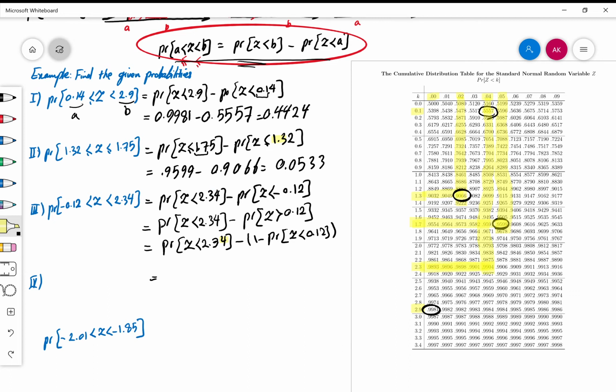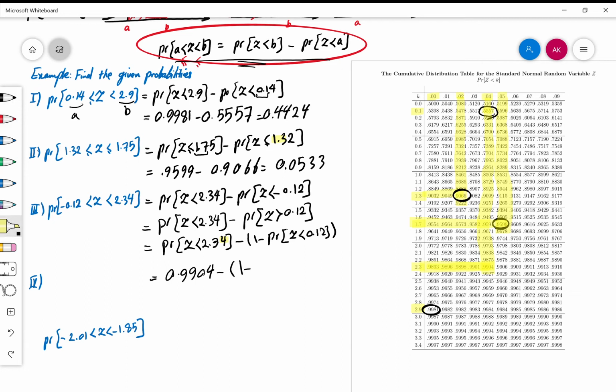This is 0.9904 minus 1 minus the probability of z less than 0.12.